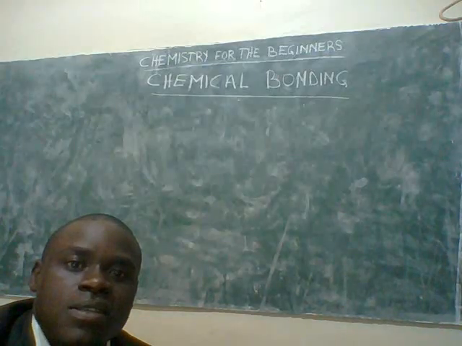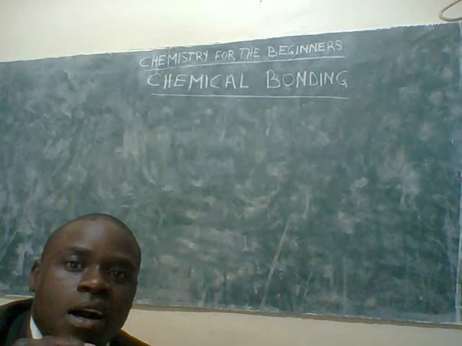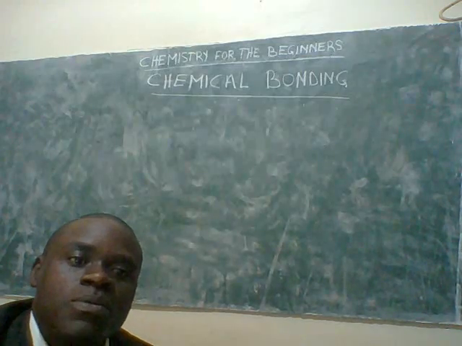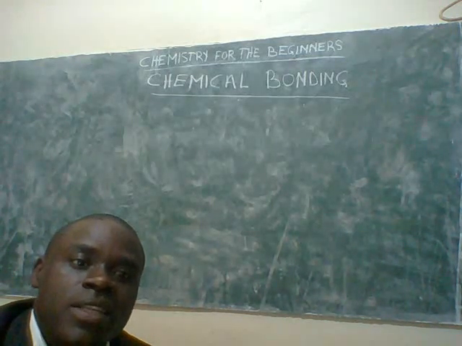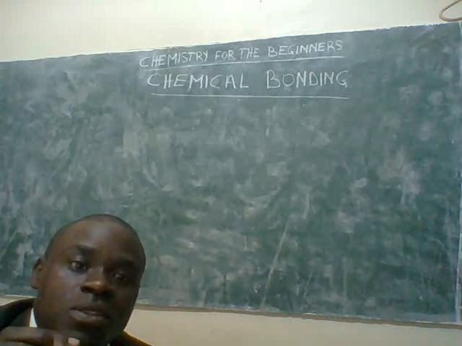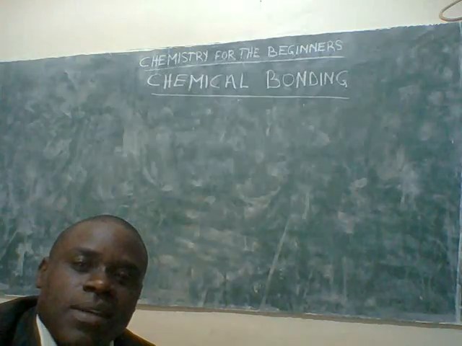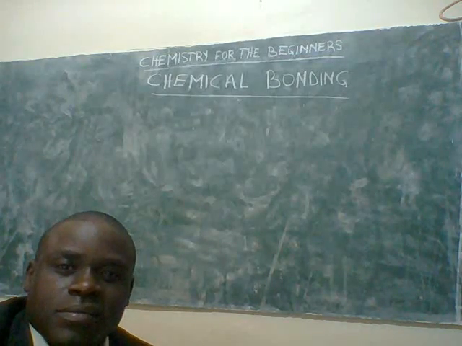If something has formed, it means it has formed because of the combination of different types of atoms. So chemical bonding has many types.